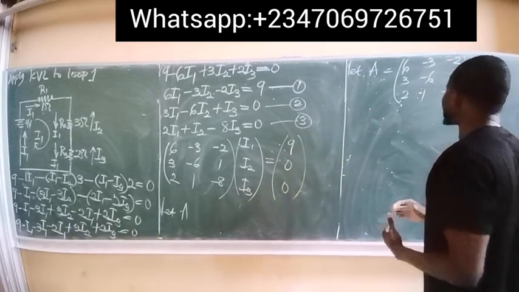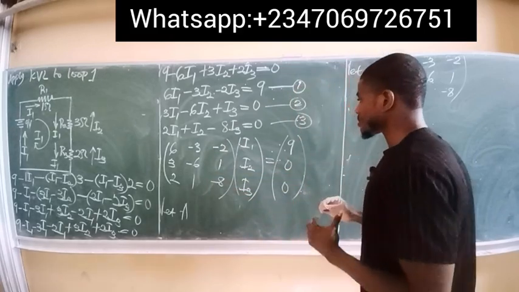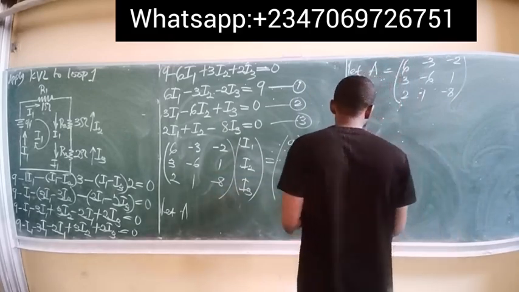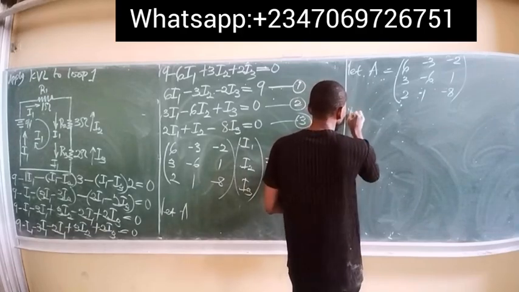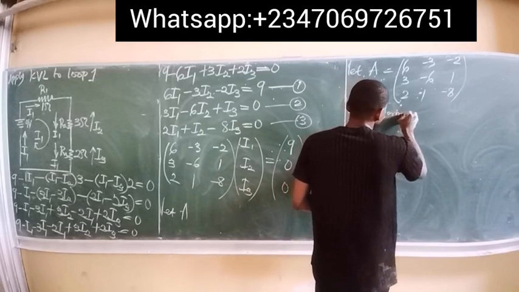And if A is equal to this, what you do now is find the determinant of A. So find delta A, or del A, the determinant of A.